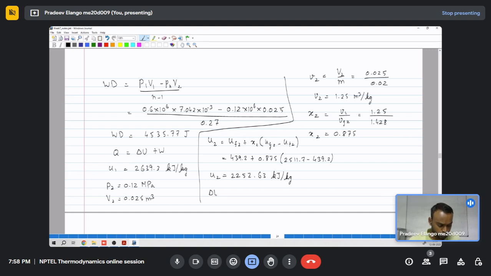Now delta U is m into u2 minus u1. That is m is 0.02 into 2252.63 minus u initial, which is 2639.3. And calculate delta U. Sir, it's minus 77.